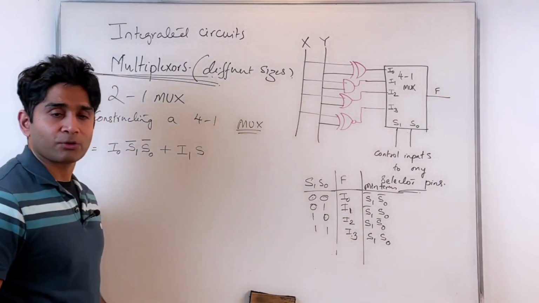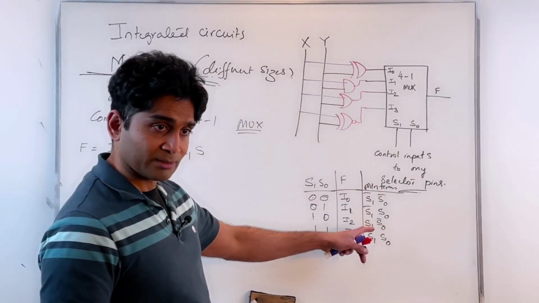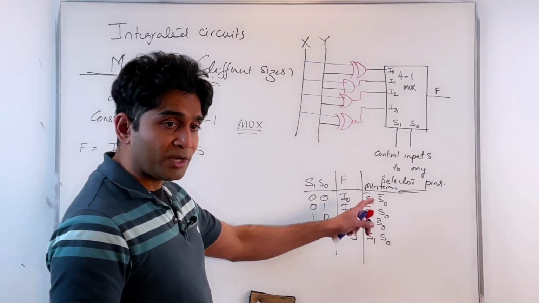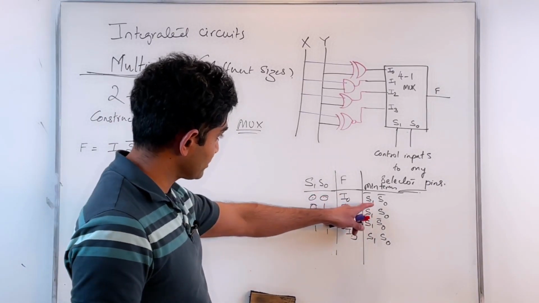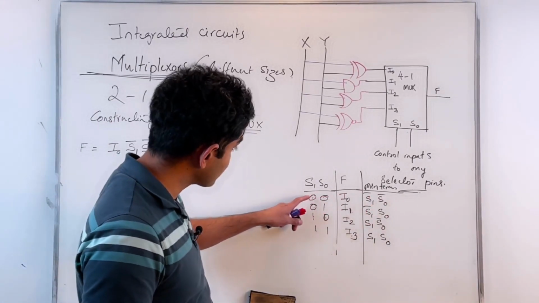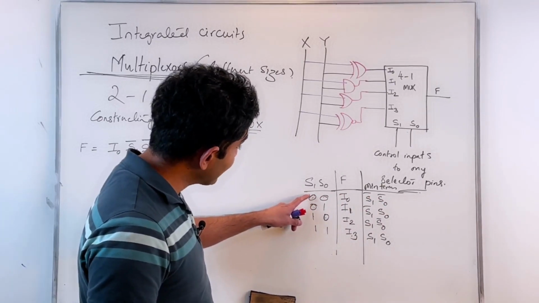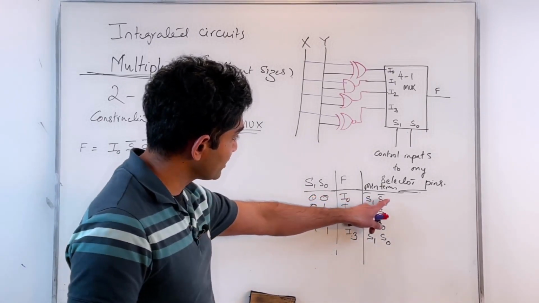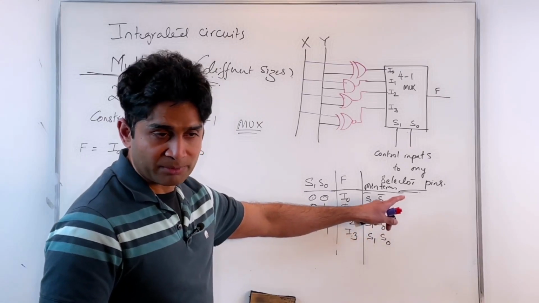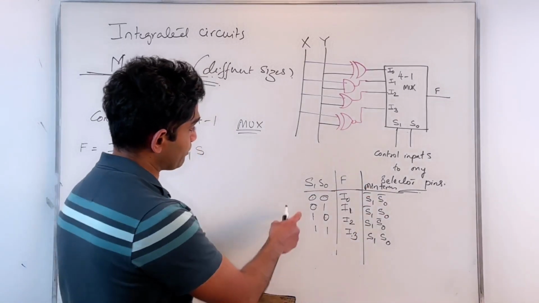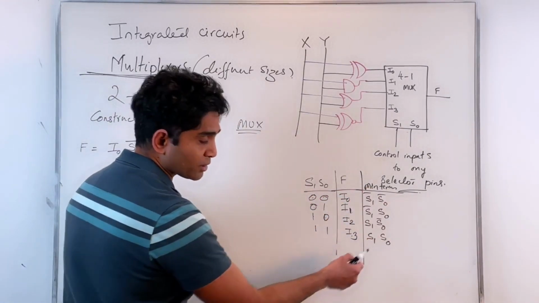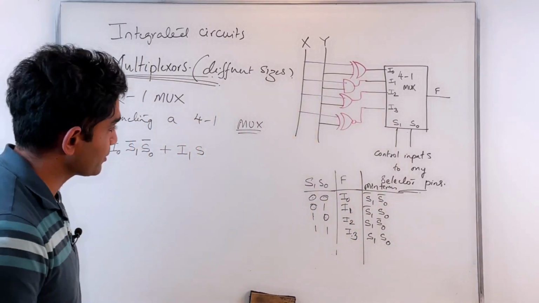Again, we call them minterms because these are unique. For example, this particular minterm is unique to this combination, because only when I enter these values 0 0 into this, I get a 1 as the output of the product term. When I put 0 0 in any of the other minterms, that should produce a 0, right?